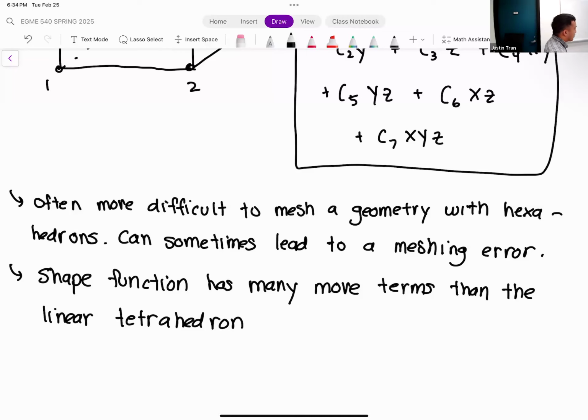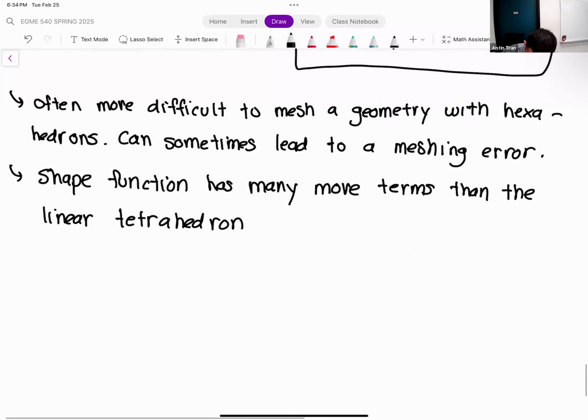In fact, it has twice as many terms. So all of the cross terms, all of the pseudo-linear terms, those are all very beneficial, right? And just like we said before, this can lead to better solution quality, better solution accuracy.